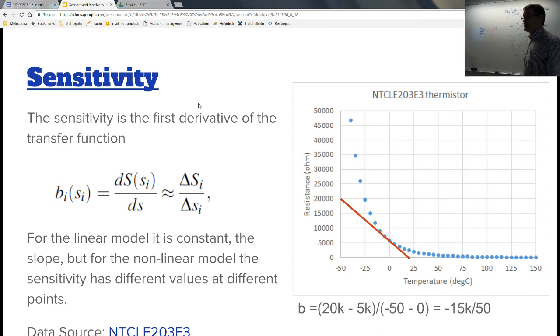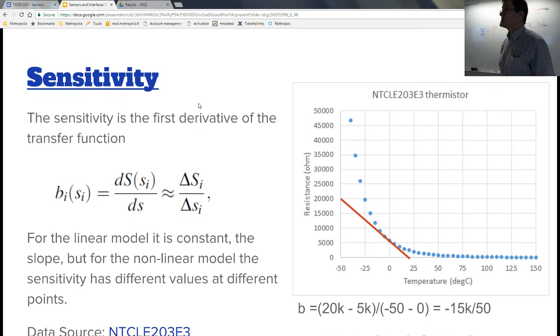Then this sensitivity, defined as the first derivative of the transfer function, meaning how big a change you will get on the output when the input changes. And then there's some NTC thermistor type 203E3.